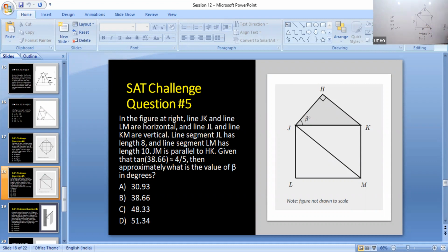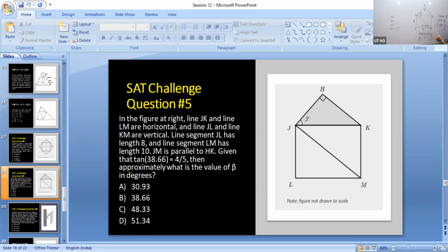It is 4/5, that means tan theta is given as 8/10, or I can write tan theta equals 4/5. When you compare this with this value, this is also 4/5. That means theta will be equal to 38.66.